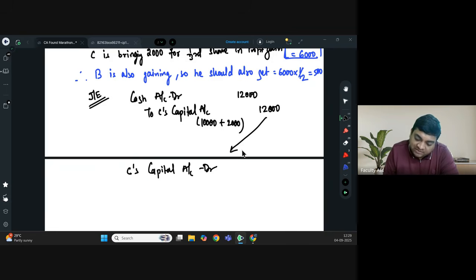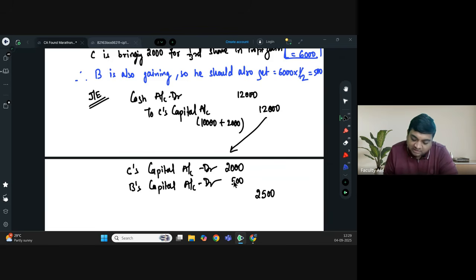Out of 12,000, he will give how much? 2,000. But A is sacrificing more. So 500 will be given by B's capital because he is also gaining.